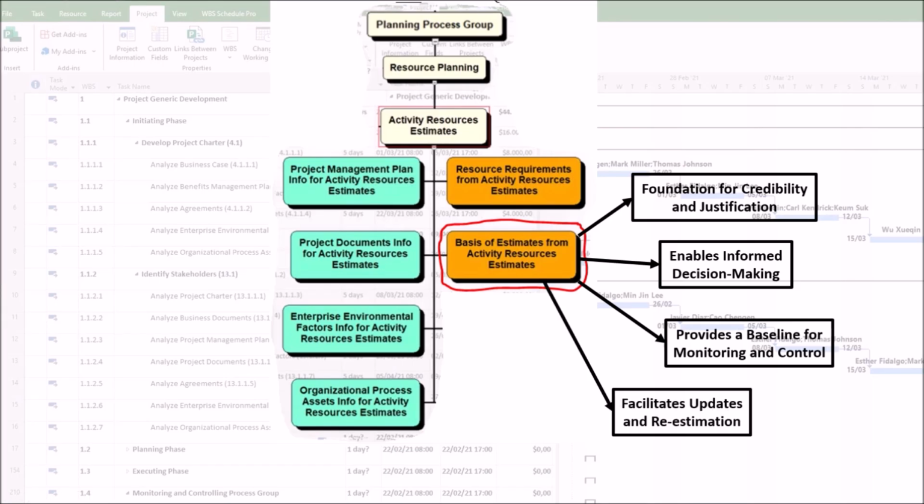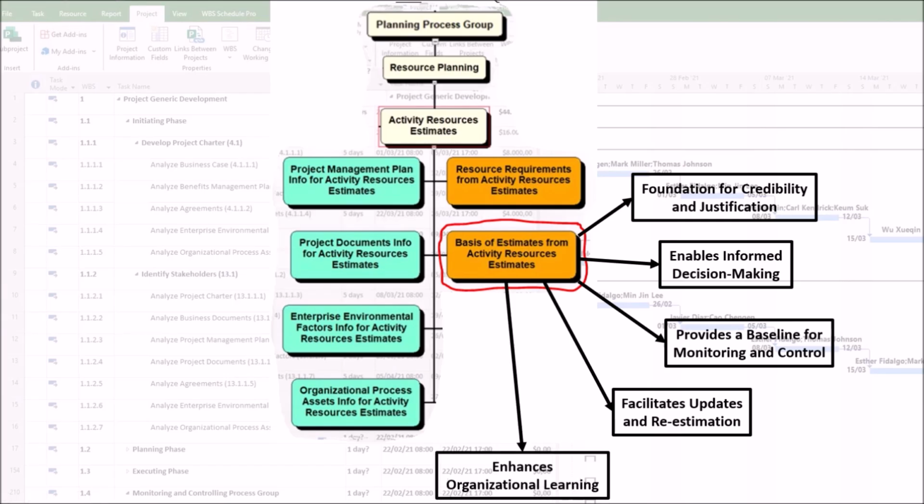4. Facilitates updates and re-estimation. When a project changes, when a change request is approved or a risk materializes, you need to update your resource plans. A well-documented basis of estimates allows you to quickly understand the impact of the change and re-estimate efficiently, rather than starting from scratch. 5.